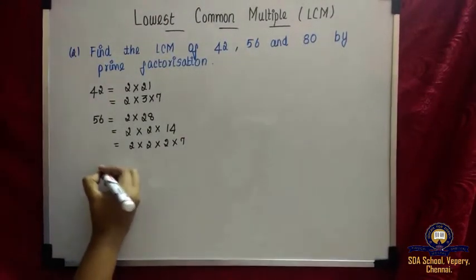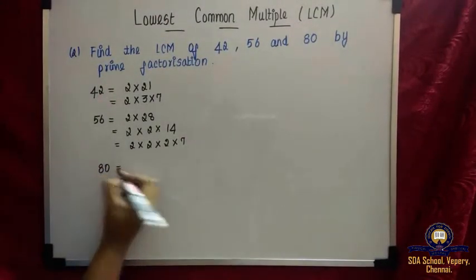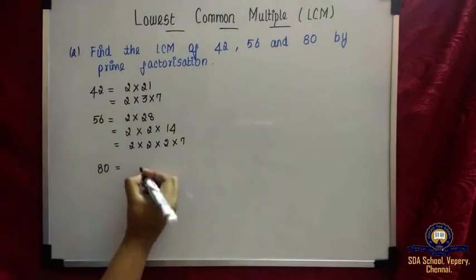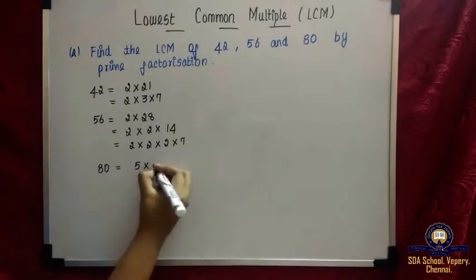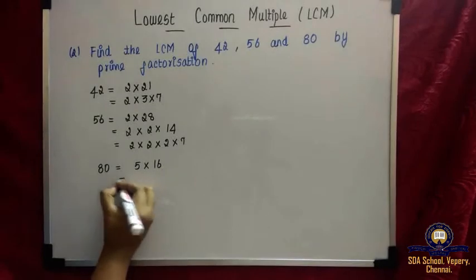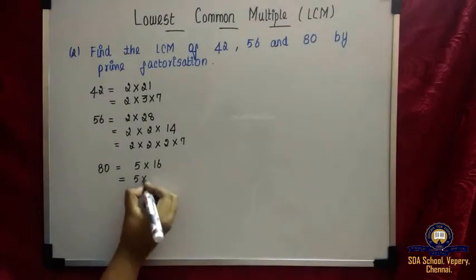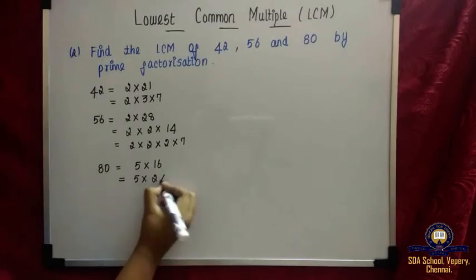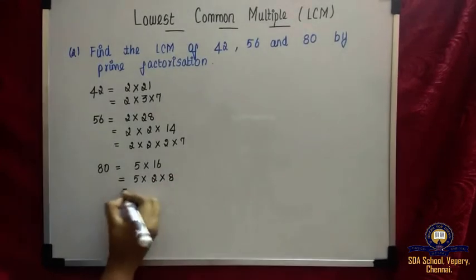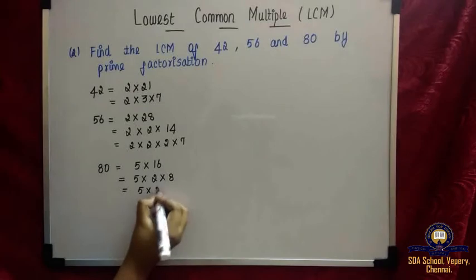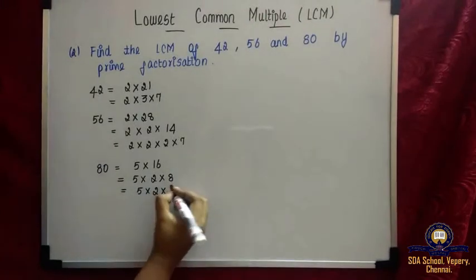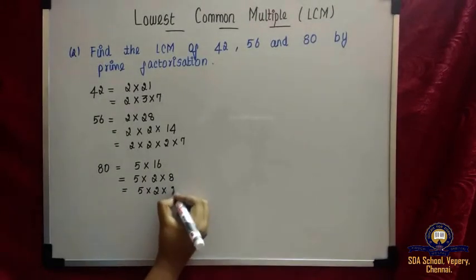Next is 80. 80 can be written as 5 into 16. Next, 16 can be written as 2 into 8. 8 can be written as 2 into 4.